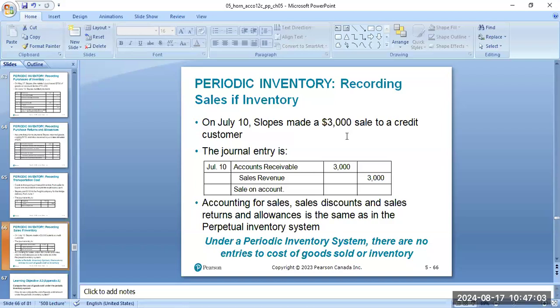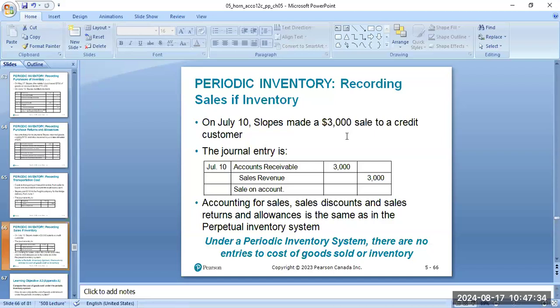It will be available at the end of the period. As we remember from the very beginning, we calculate the cost of goods sold at the end of the period: beginning balance plus purchases, minus purchase return and allowances, minus purchase discount, plus freight-in gives the cost of goods available for sale. We count the ending balance and we get cost of goods sold.